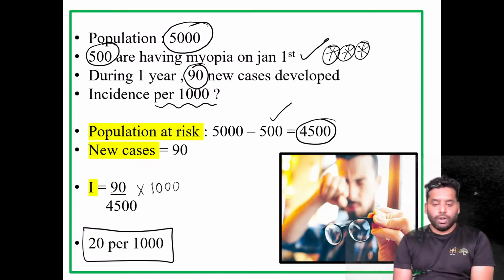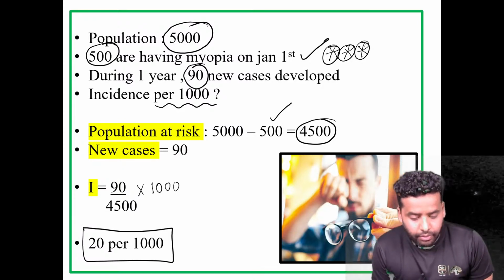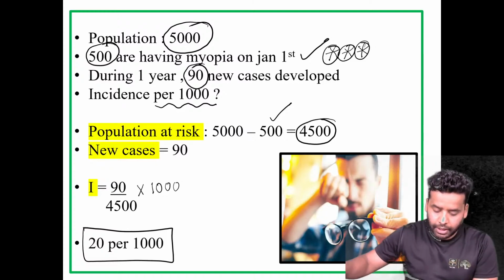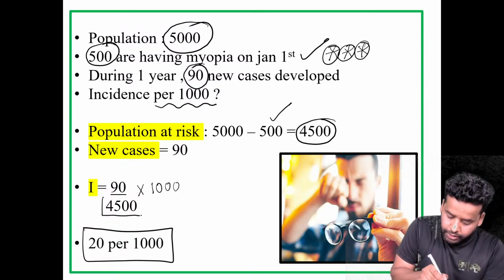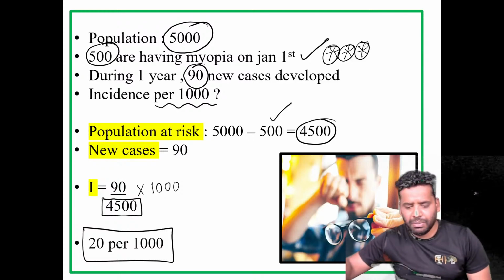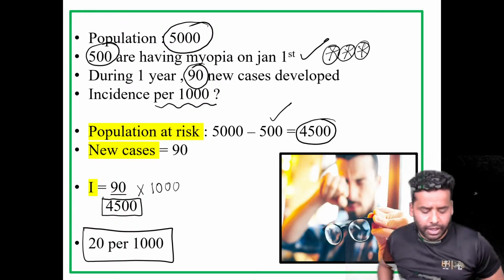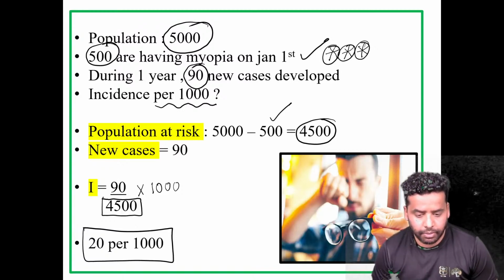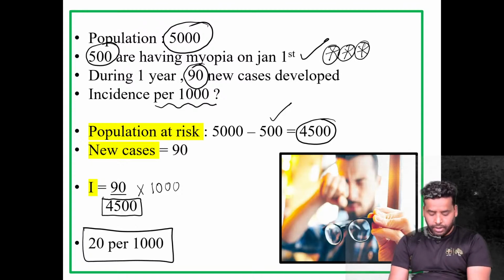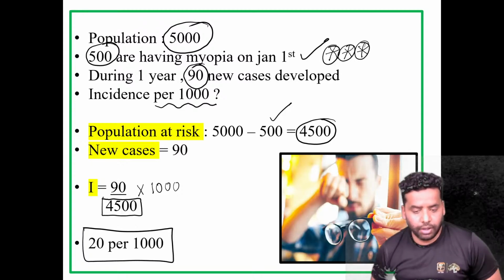So if 500 are already having disease, subtract them. Why are we subtracting 500? Very basic, because the formula is like that. Why subtract those already having disease? Because they are not at risk.